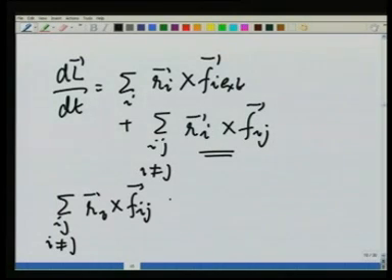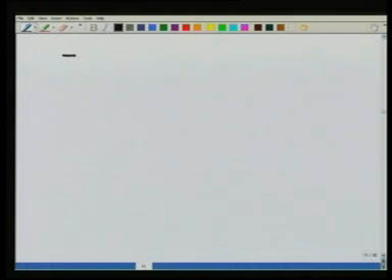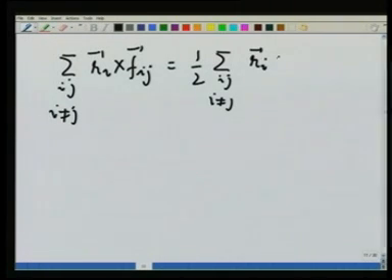Since i and j are being summed over, I can interchange them and write this as summation of r_j cross F_ji. I have just interchanged i and j, i not equal to j, and therefore I can write this term, summation over i,j, i not equal to j, of r_i cross F_ij, as one half of summation over i,j, i not equal to j, of r_i cross F_ij plus r_j cross F_ji.